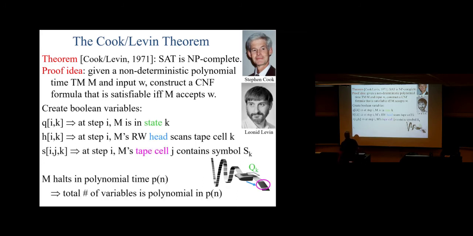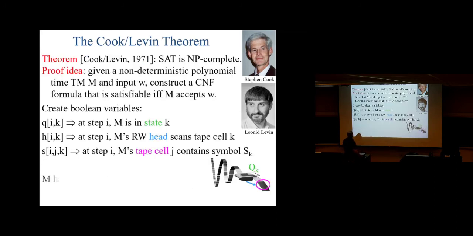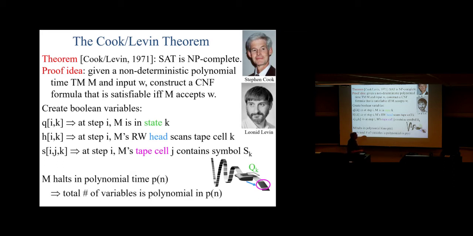There are a lot of details here, but let's just say that this formula will have different clauses that simulate the Turing machine and capture its state at any given time, where the read-write head is at any given time, and what the contents of every single cell are at any given time, which character is contained in each cell of the tape.